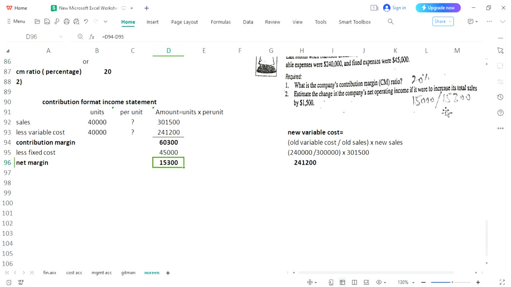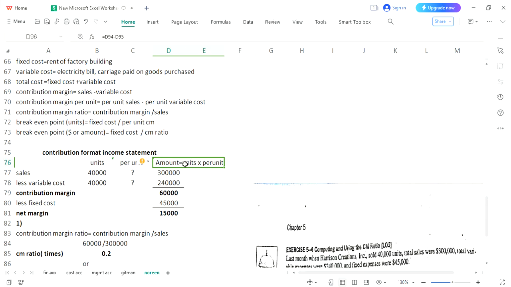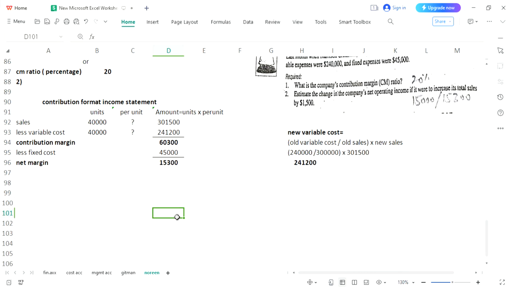So both answers you can see we have compared with the answers given in the book, 15,000 and 15,300. This is your new margin and this is your old margin 1500. So this way our question has been completed.